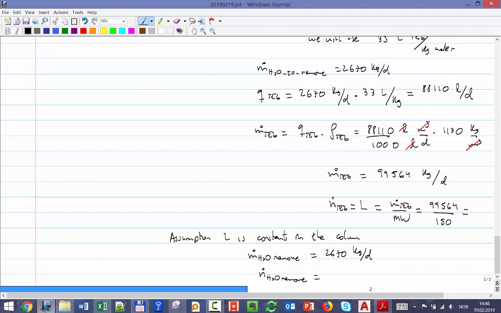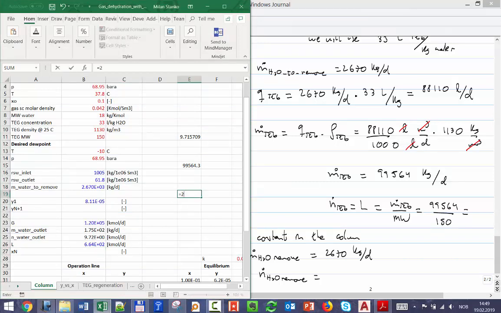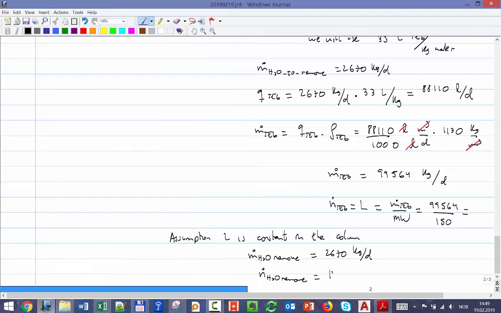So 2,670 divided by 18 is 148 kilomole per day. And here we are obtaining 664 kilomole per day. So it's not a very good assumption.